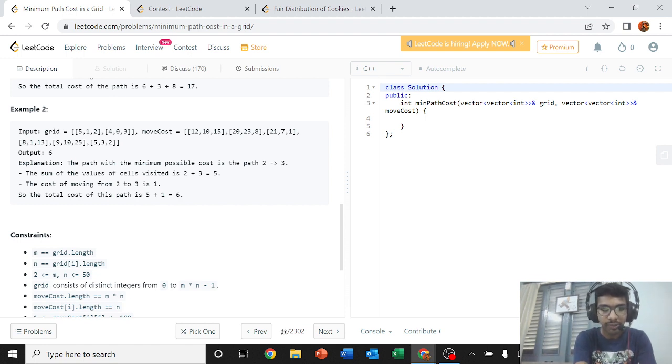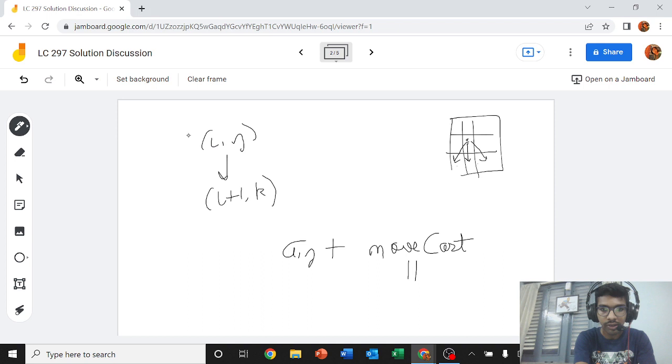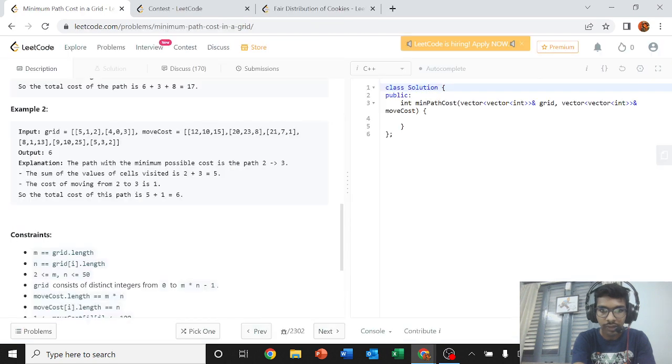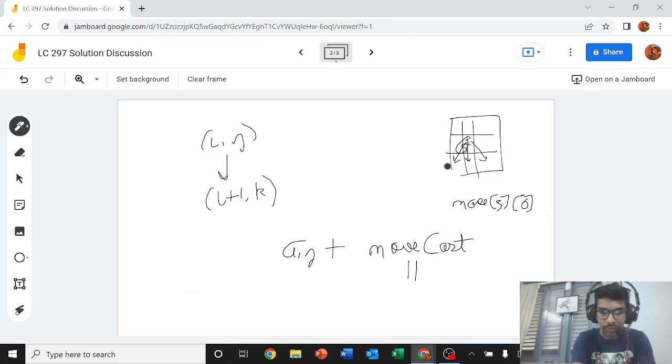If we are at this particular value, say 5, and we are moving to the 0th column, then the corresponding cost would be moveCost[5][0]. It has all the values for all the corresponding columns. So if we are moving from a particular value to a particular column, this matrix gives us the corresponding cost.